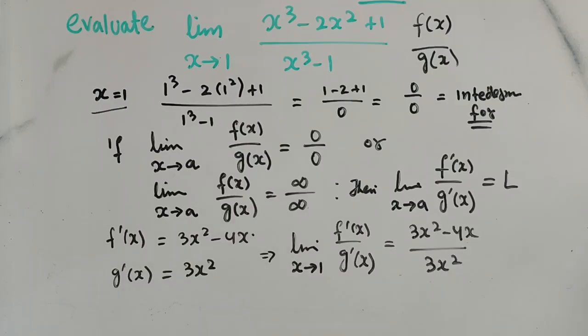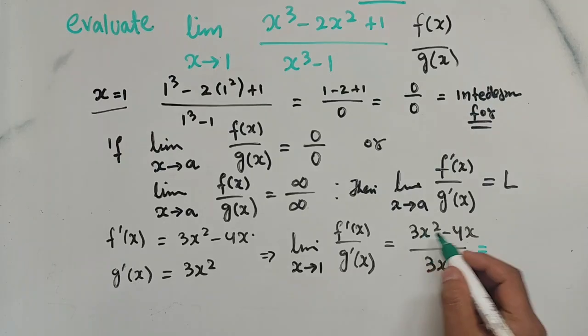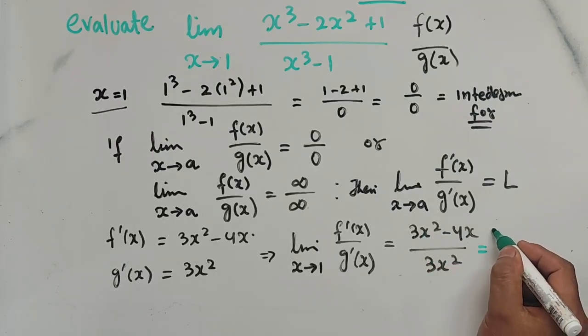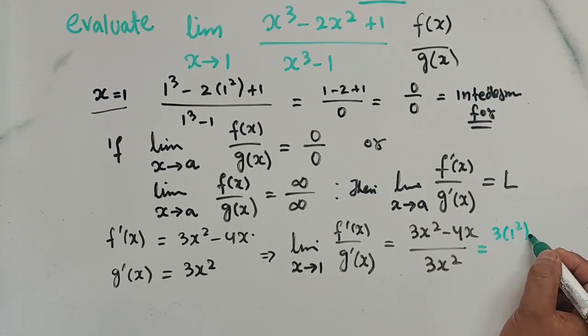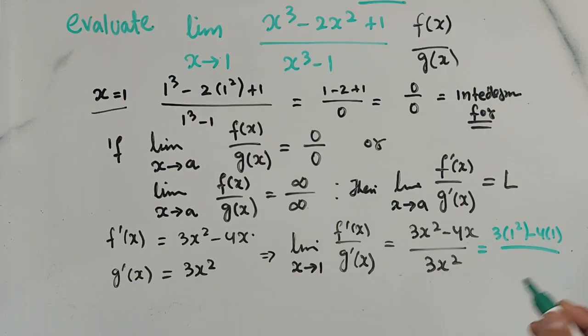Let us see here, if we substitute x is equal to 1, what will we get? We get (3 into 1 square minus 4 into 1) upon (3 into 1 square).